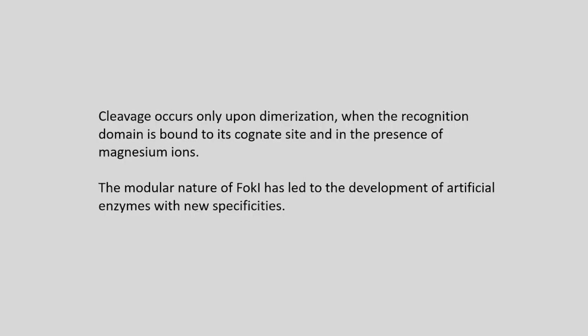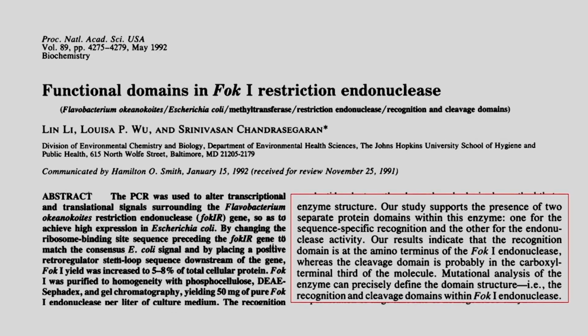As you can see, it has 2 modules, one is the N-terminal domain and another is the C-terminal domain. The modular nature of FokI has led to the development of artificial enzymes with new specificities, which we are going to study at length in the next lecture, and a little bit of that in this lecture too.